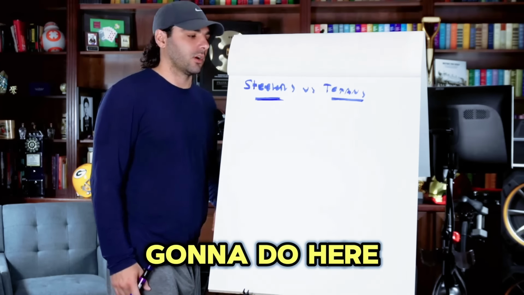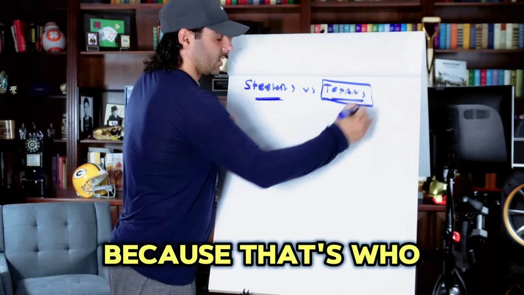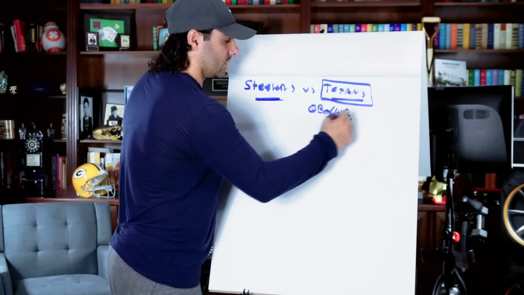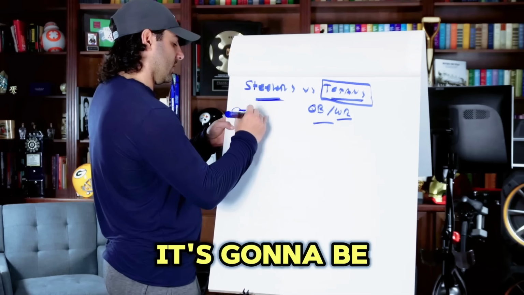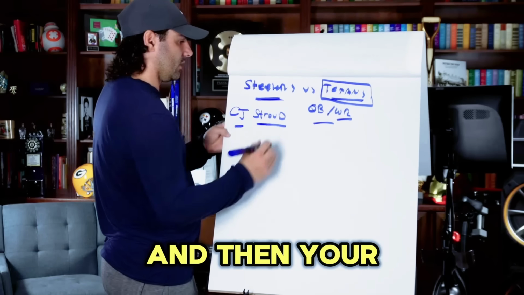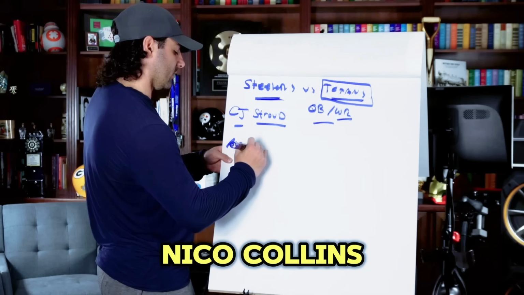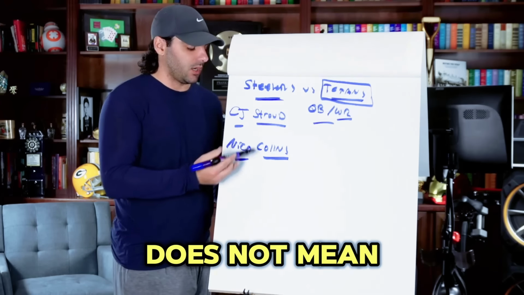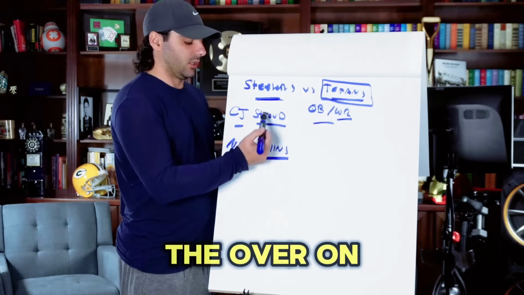So what we're going to do here is now we are going to look at the Texans, obviously, because that's who they're playing, and we're going to look at the QB wide receiver correlation here. So who's that going to be? Obviously, it's going to be CJ Stroud, and then your number 1 receiver for the Texans is going to be Nico Collins. Okay? Now, just because we got the correlation down does not mean you go and take their prop that is just out there and you take the over on both of these.